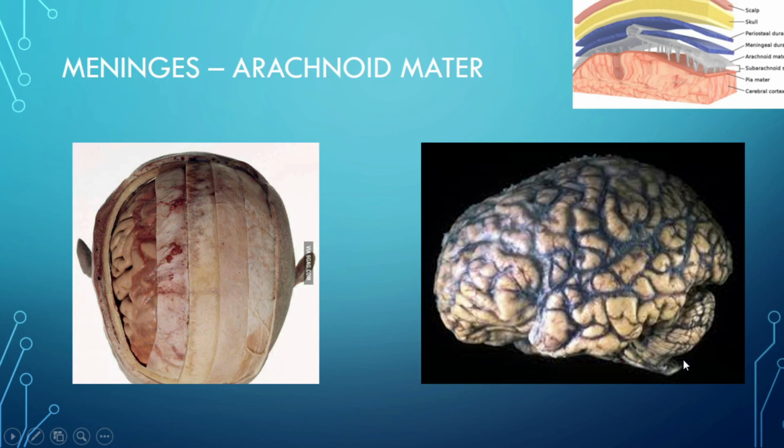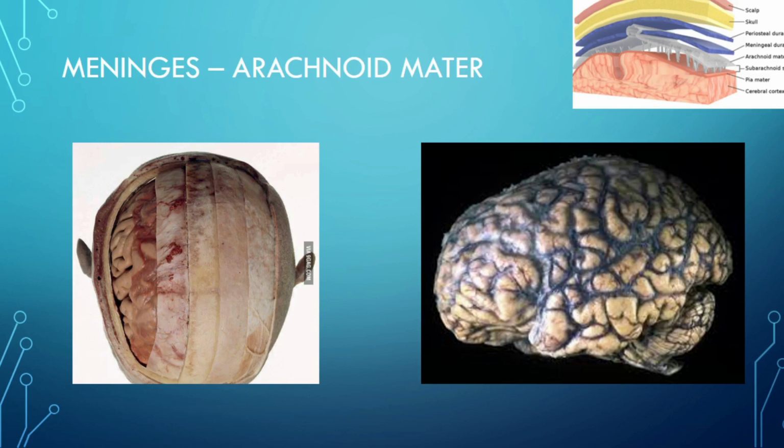And essentially running beneath this layer are all the blood vessels that are actually supplying the brain itself. So you'll have arteries that we'll discuss shortly running in the subarachnoid layer that then actually supply the cortex of the brain itself.